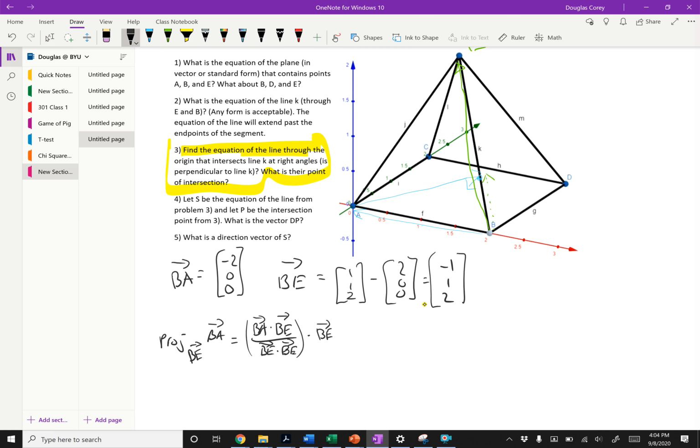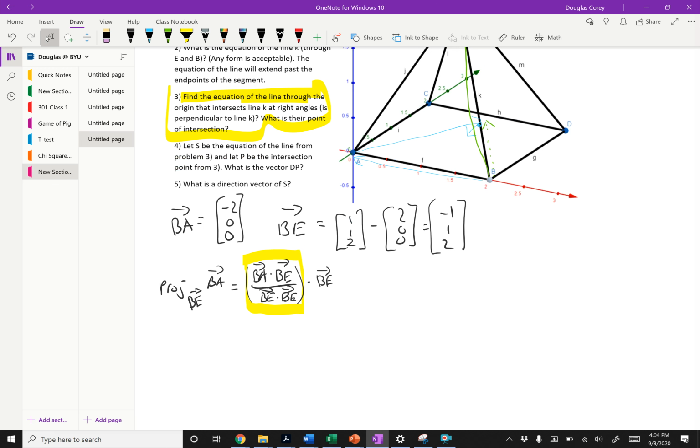Because again, as I mentioned in class, the vector that we finish with is just a scaled version of BE. It's a scaled version of the vector we're projecting onto. So this expression just gives us a constant that will scale it the right way, the right length. And we know what BA and BE are, so we can plug those values in.